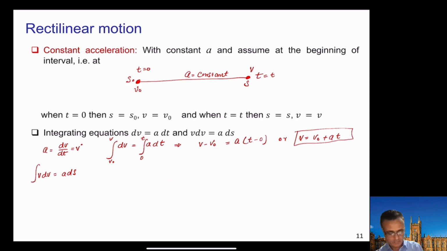On the left hand side you put the limits of velocity, v naught to v, so the velocity is changing from v naught to v here, and again a is constant. The limit of displacement is s naught to s.